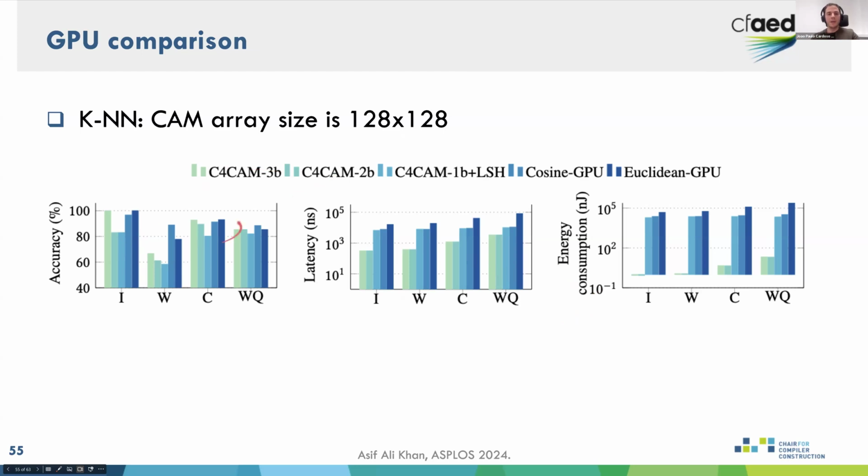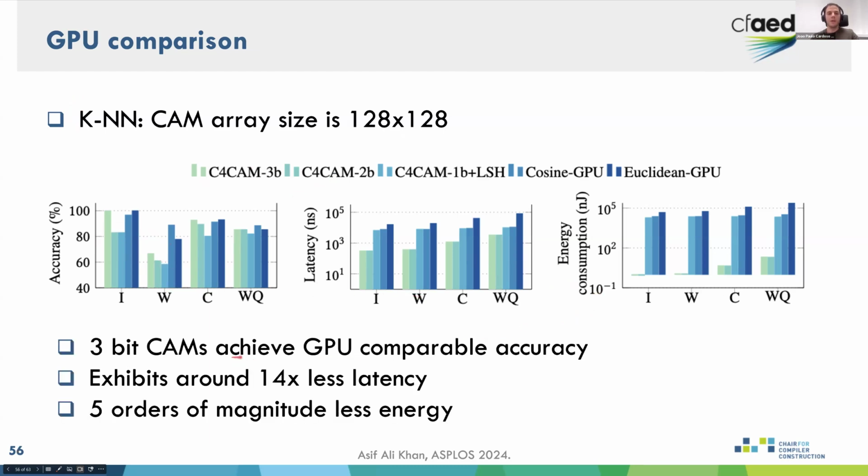Here we have KNN and some small data sets. An important thing to compare is that 3-bit CAMs can achieve comparable accuracy to the GPU, which is a floating point based implementation, and it exhibits already a good speedup.